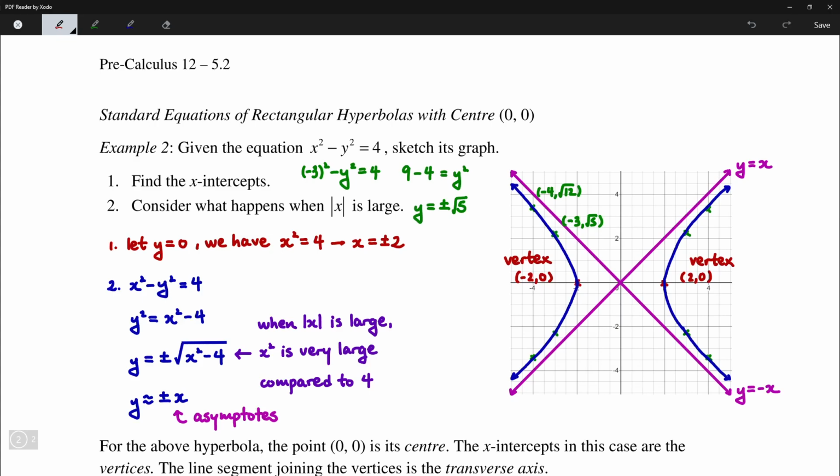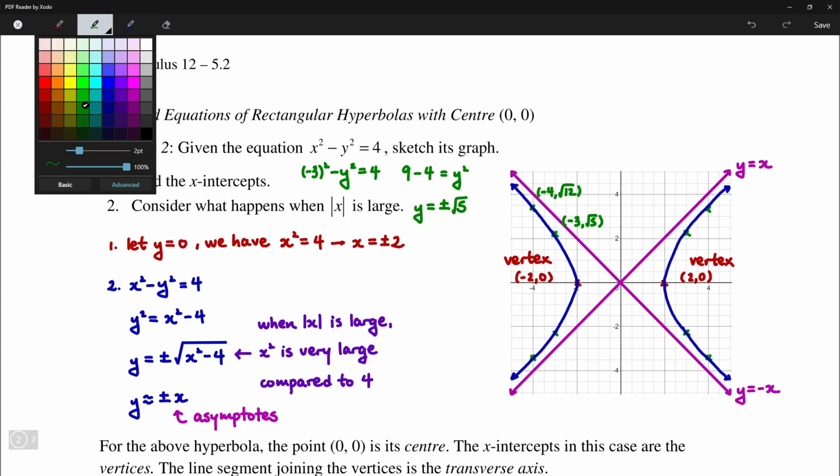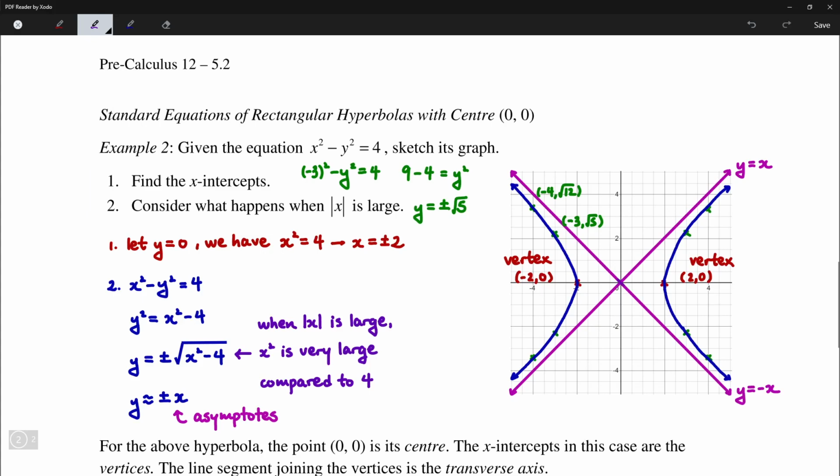The point in the middle between the two vertices, which is not part of the graph, this point right here at 0, 0, this is called the center of the hyperbola.